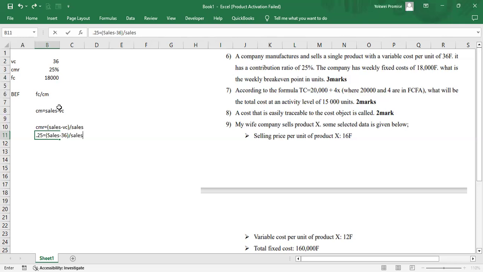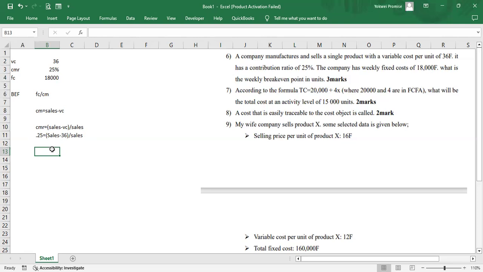So if 0.25 is equal to this over this, that means 0.25 is the same as 0.25 over 1. We are going to cross multiply from here. Here we have S minus 36 all over S. Meaning, if we cross multiply, we take S times 0.25 is equal to S minus 36.